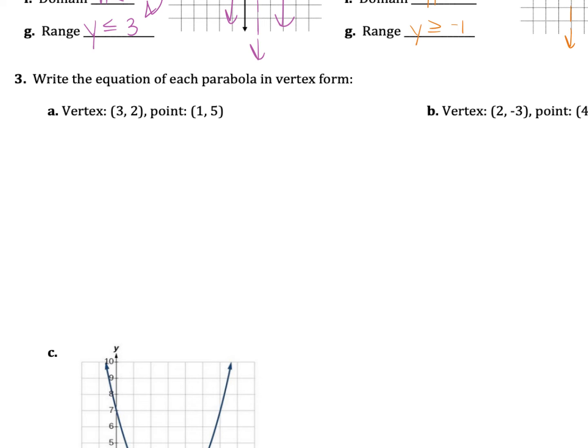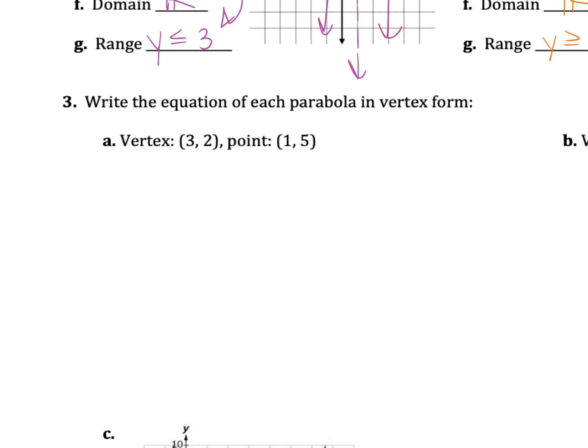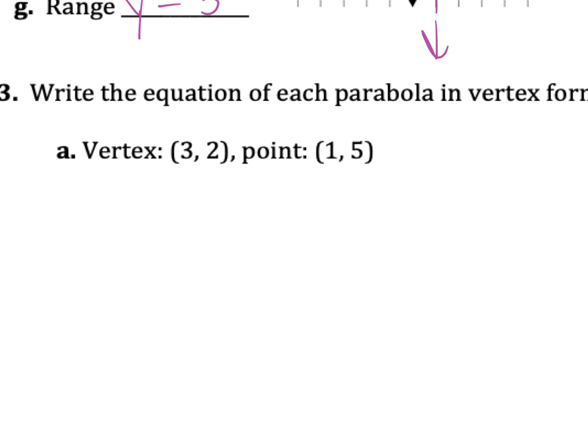You are going to write an equation in vertex form. And if you recall, vertex form was y equals a times (x minus h) squared plus k. Okay. Now let's take a look at what we have. You have a vertex and you have a point. What variables are your vertex?